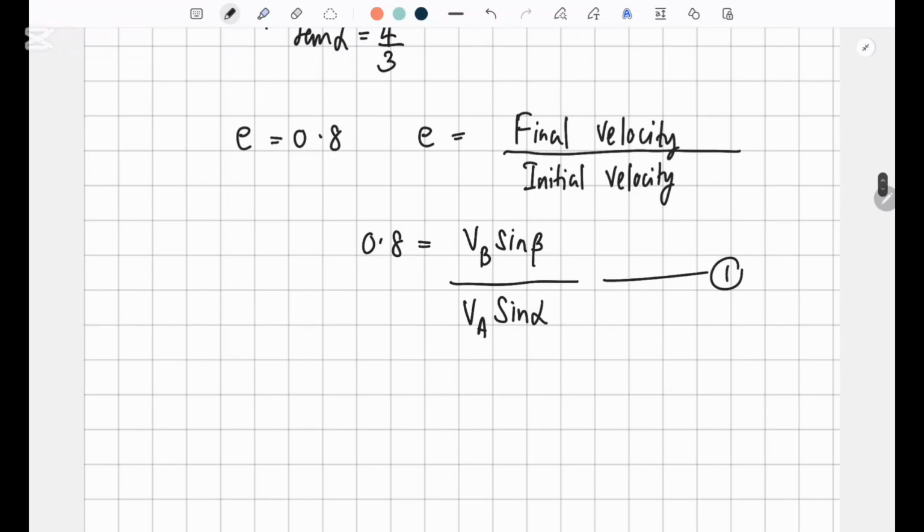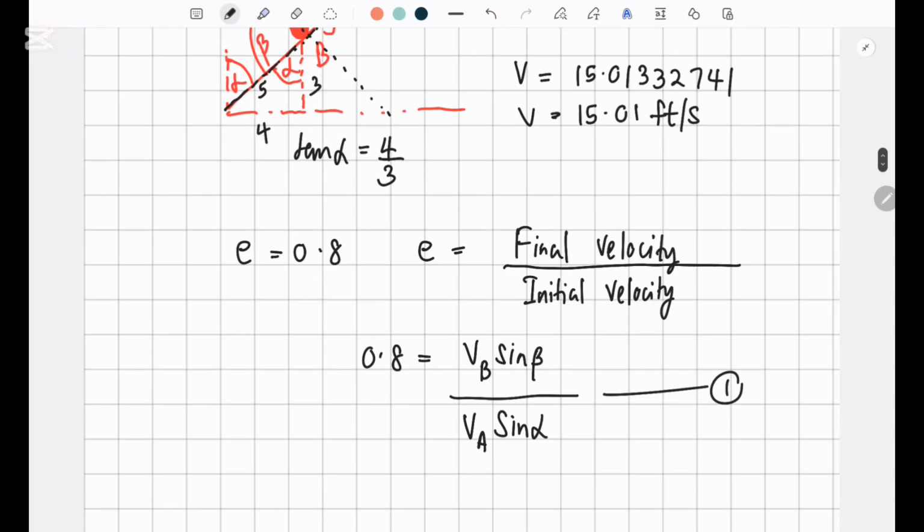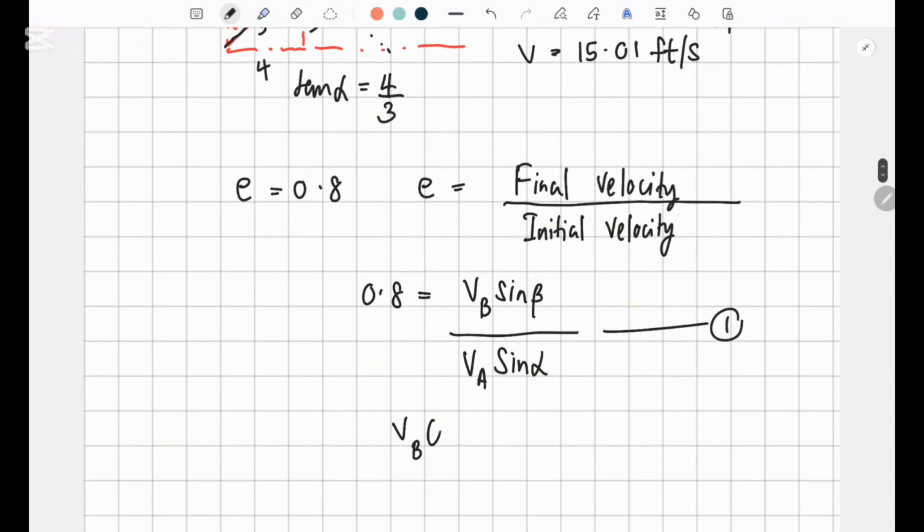The other equation comes from resolving the velocities onto the other axis. The coefficient of restitution won't affect this axis because it's not the axis of collision. So you can write VB cos beta equals VA cos alpha.